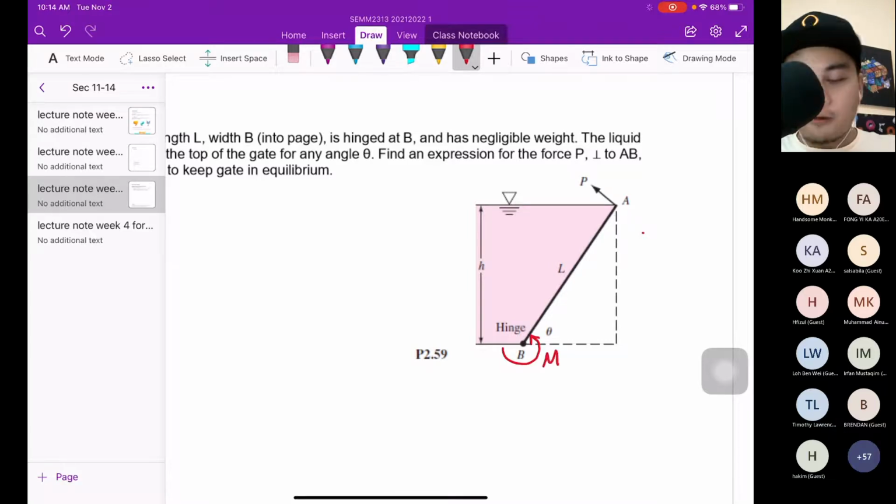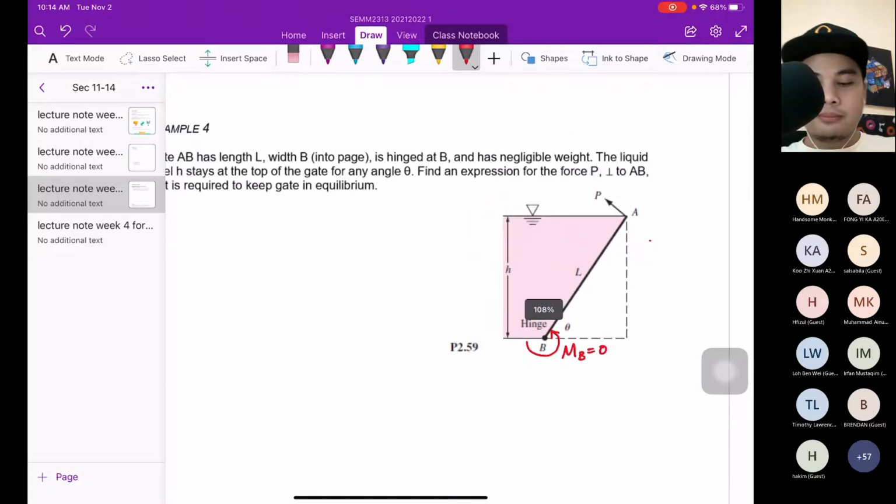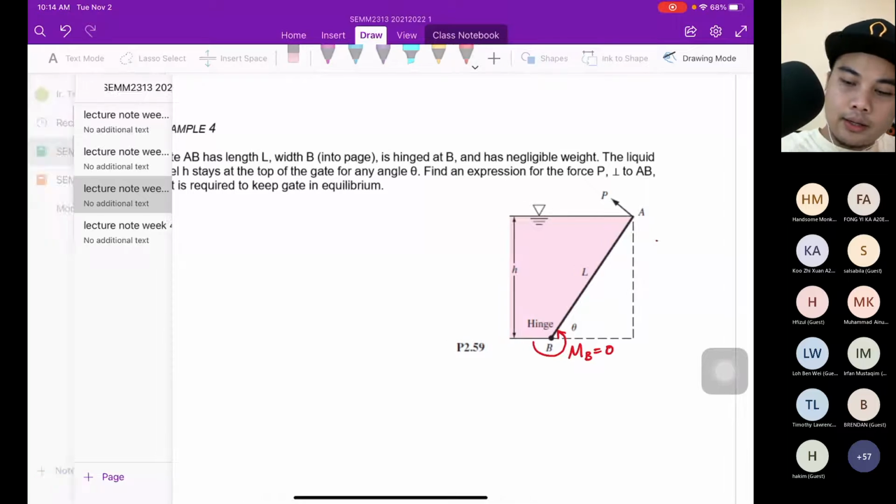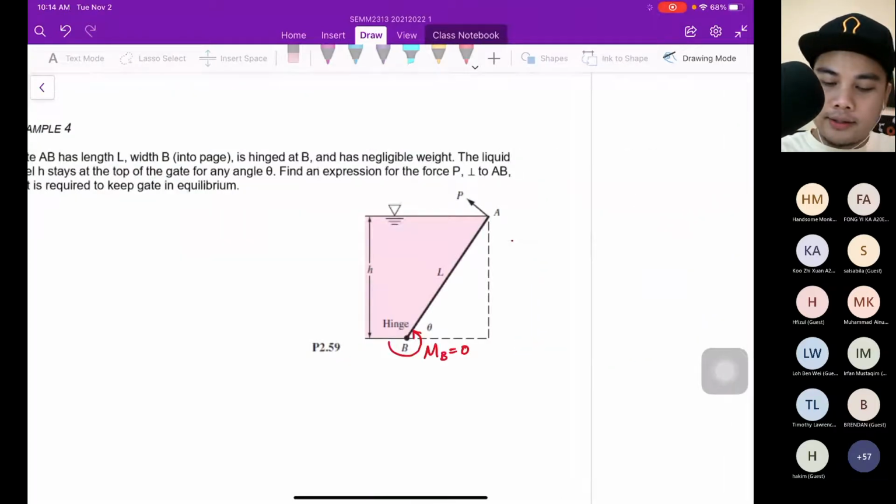We don't have any force. That is why we need to simplify our equation.